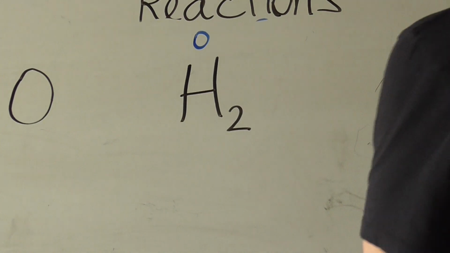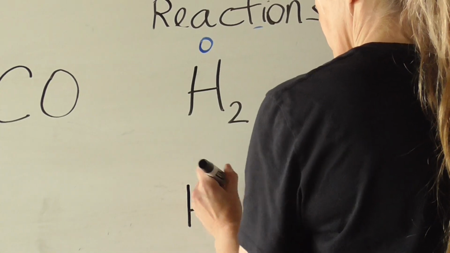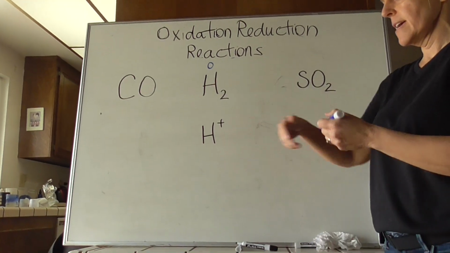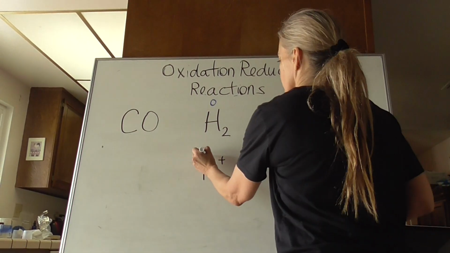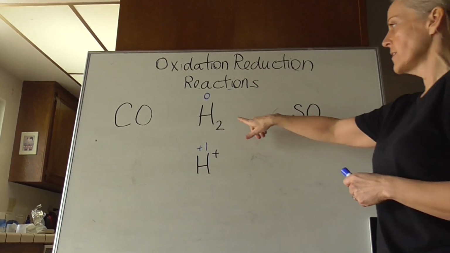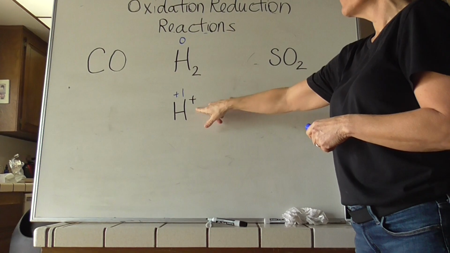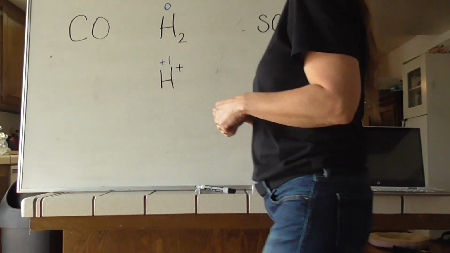If it was that, which is different, this is the hydrogen ion, the charge on that one is +1. So you can have an element by itself, no charge there, element by itself but has a charge, so the oxidation number is the same as the charge.